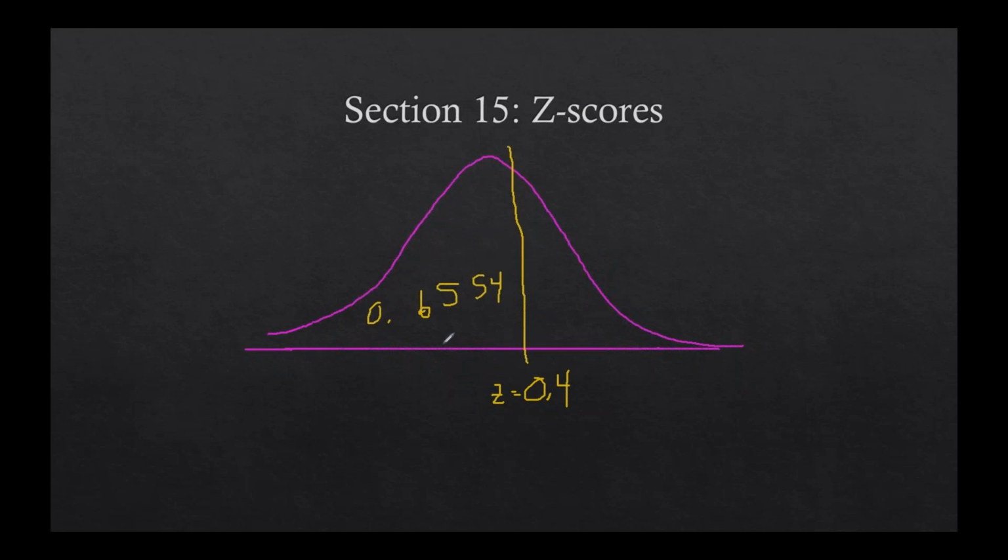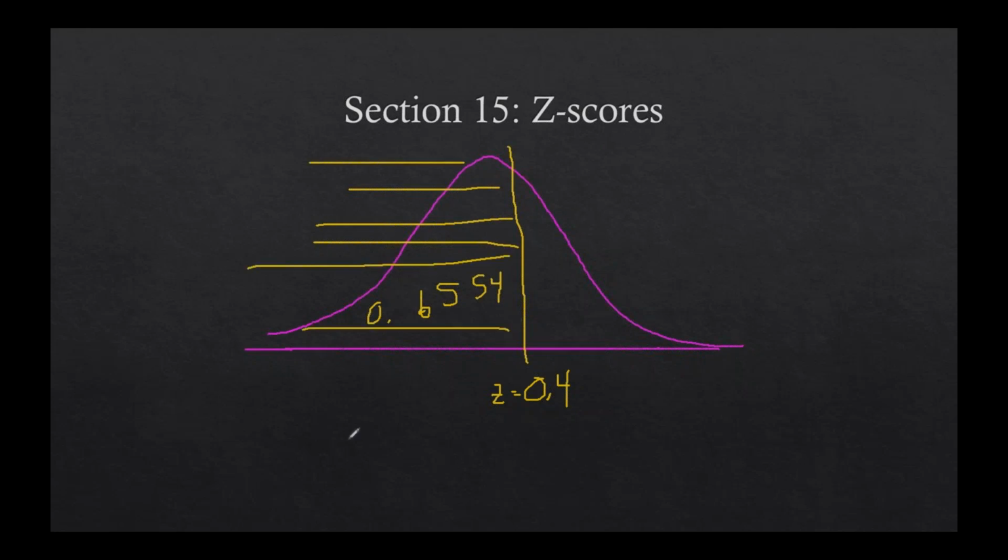Yes. Okay. The thing to remember, and I wrote it on here to help put this in your head, the table always gives you area to the left. Always. So when you look at the table, and this is why I highly recommend you sketch curves, and you put your z-score on there with a vertical line, because then when you put the data in from your table, it goes into the left of that vertical line.